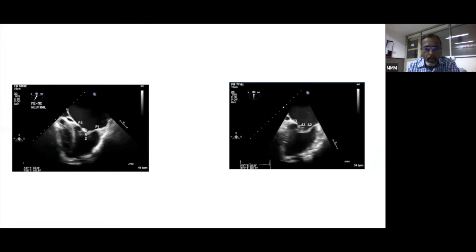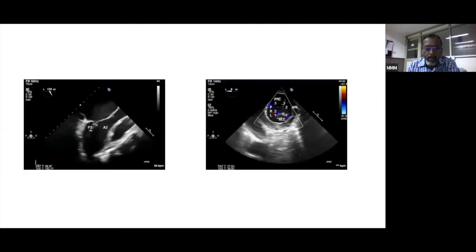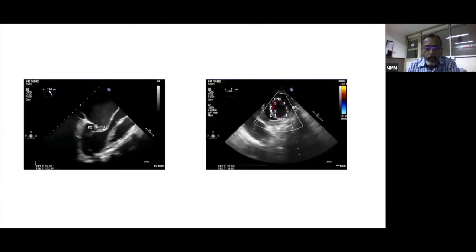Then the two-chamber view, at 90 degrees, you have A2, A3 and P3. In the long axis, you are cutting across exactly A2 and P2. And in a transgastric view, you can see both leaflets, all the scallops, and both commissures.